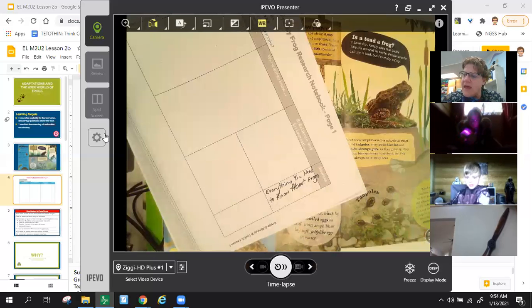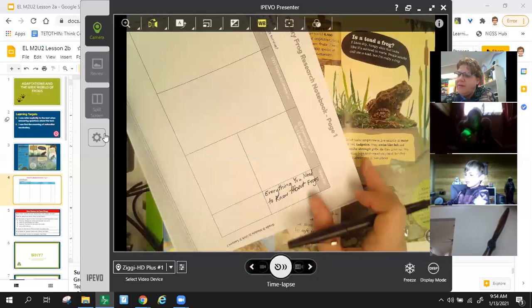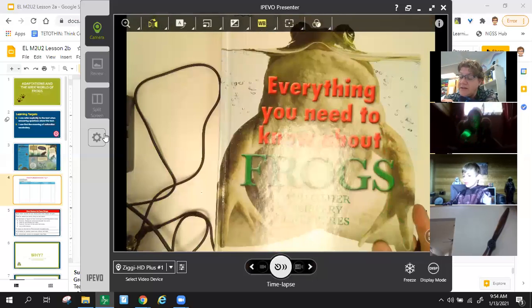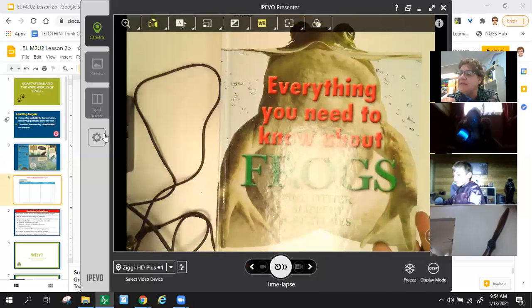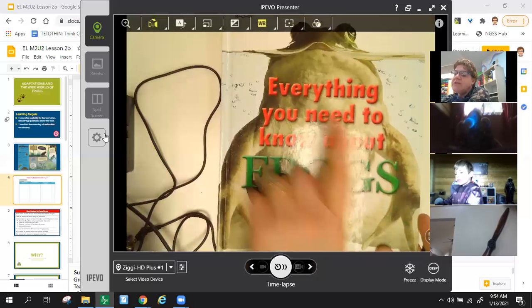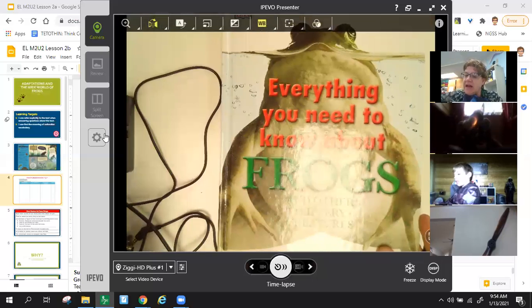All right, so if you aren't sure about how to spell anything, where should that information come from? Right there, right? Now you'll notice that on their title, they chose to make frogs capitalized and not all of the words, but we know the proper way to capitalize something. And it is the title of a book.